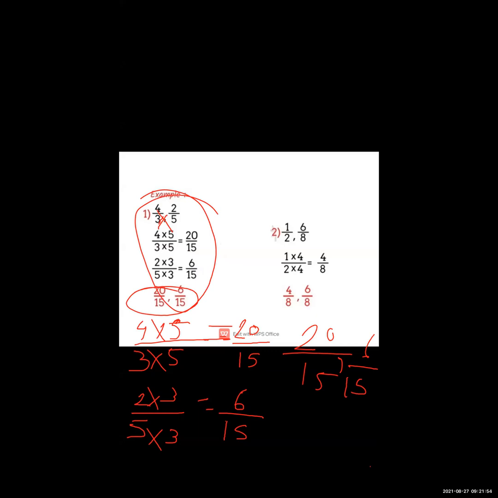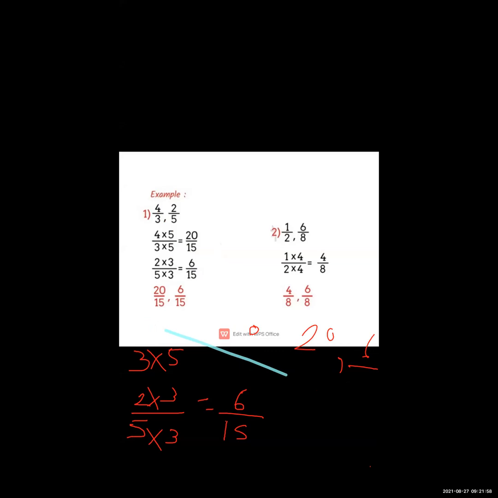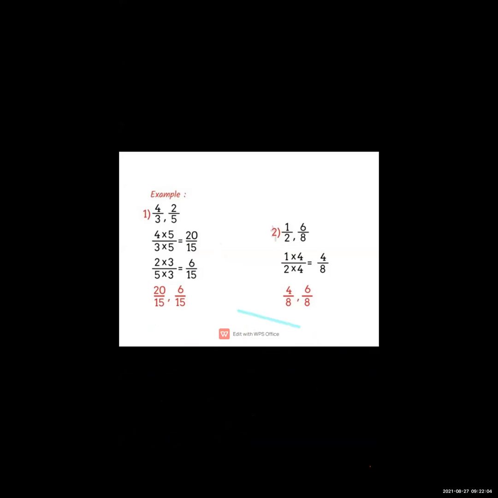Now see the second example. Here both numbers are not going in their own tables. Any means कोई भी table आप नहीं ले सकते, उनका ही table. Now see the second: 1 upon 2 and 6 upon 8.